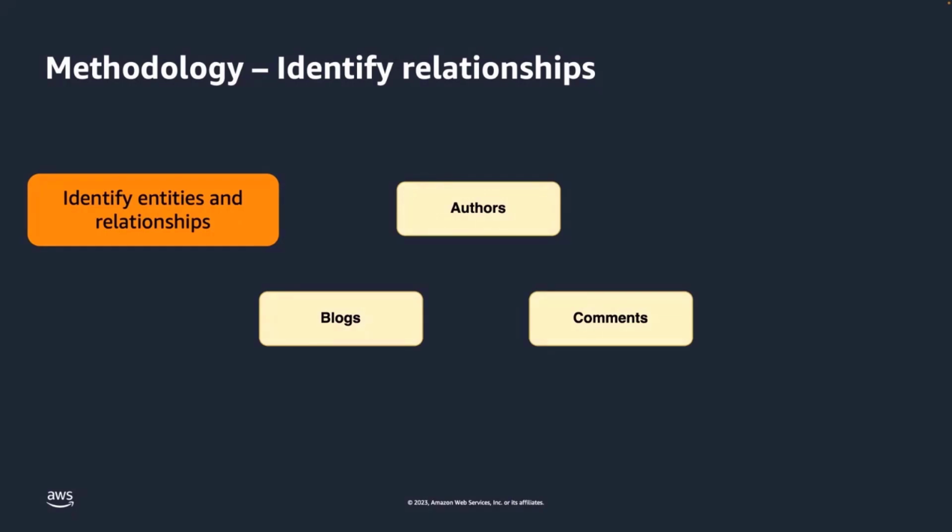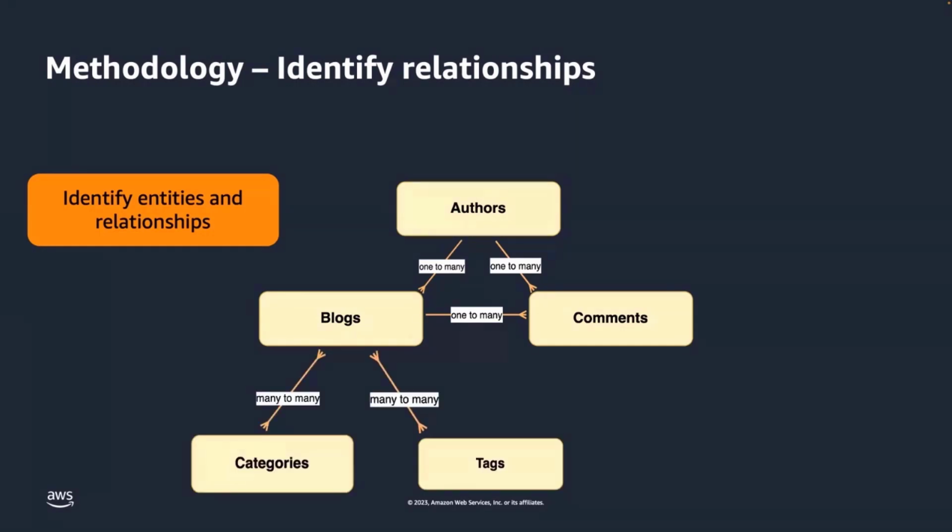There will be a one-to-many relationship here, same as the relation between blogs and comments. But you can also have categories and tags, and the relationship between blogs and these entities is many-to-many. So how do you model this? How many collections will you have? What indexes? The biggest answer to be found after this phase is when to embed and when to reference. So let's see how you would approach this.